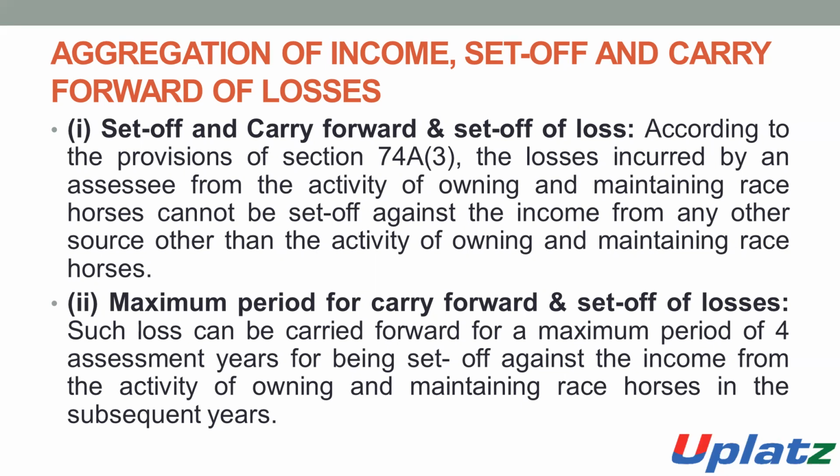The loss from the activity of owning and maintaining race horses can be carried forward for a maximum of 4 assessment years, for being set off against the income from the activity of owning and maintaining race horses in the subsequent years.